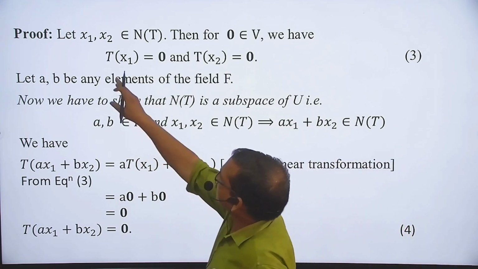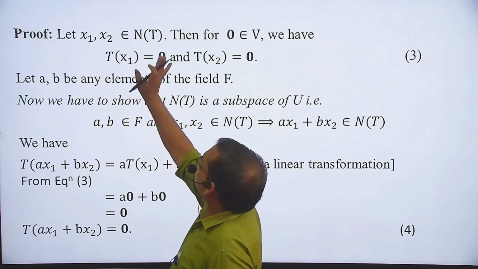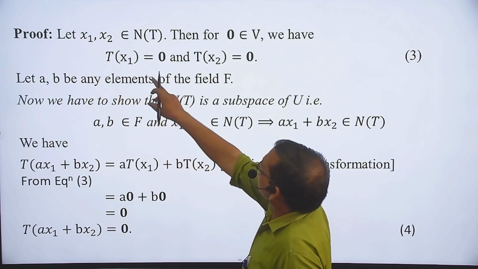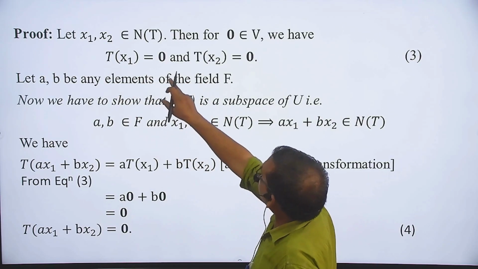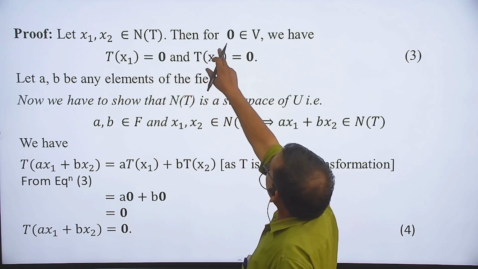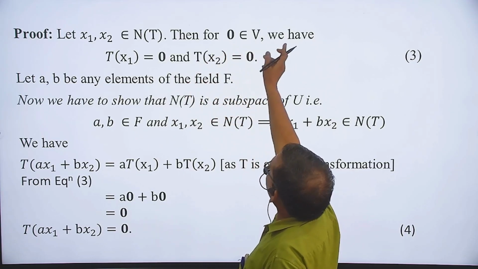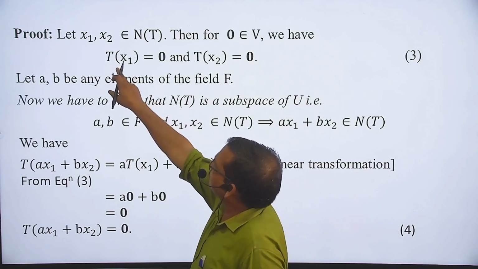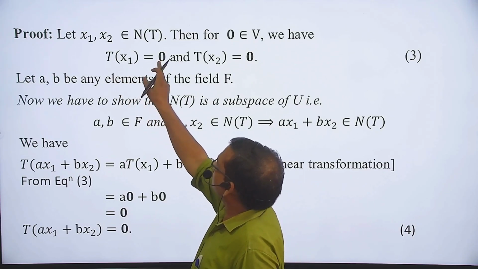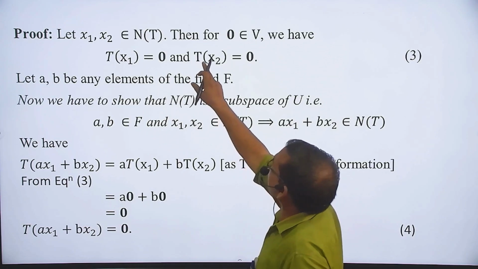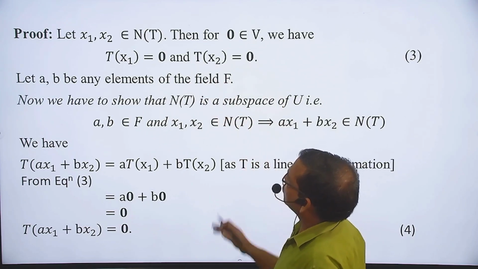For this, let x1, x2 belong to the null space. If x1, x2 belong to the null space, then the image of x1 is equal to 0 and the image of x2 is equal to 0.